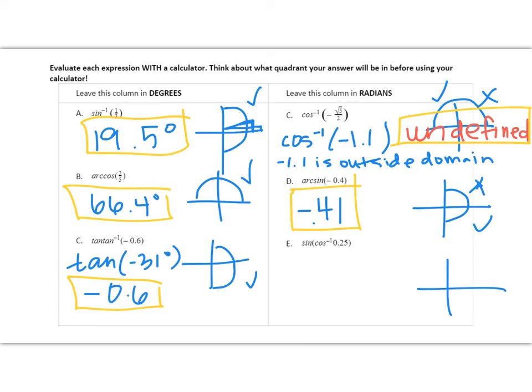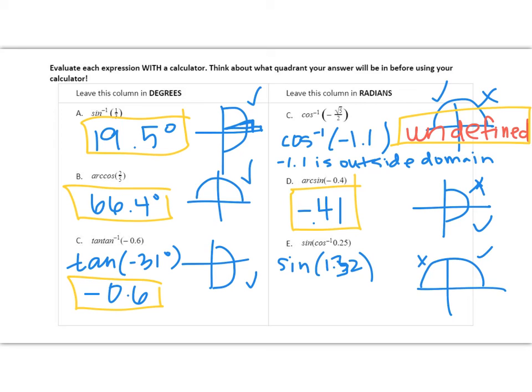So we have cosine inverse of 0.25 on the inside. Cosine goes from 0 to pi, so we will be in the first quadrant. So when I do cosine inverse of 0.25, I see an answer of 1.32. Now, you might be saying, okay, how do I know that's in the first quadrant?